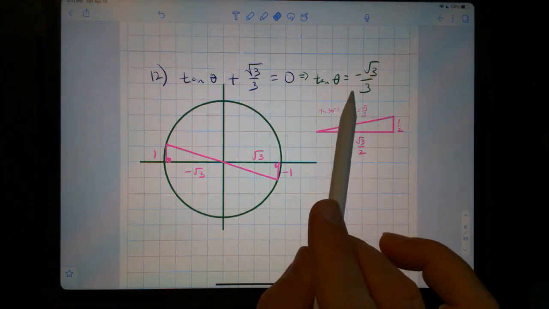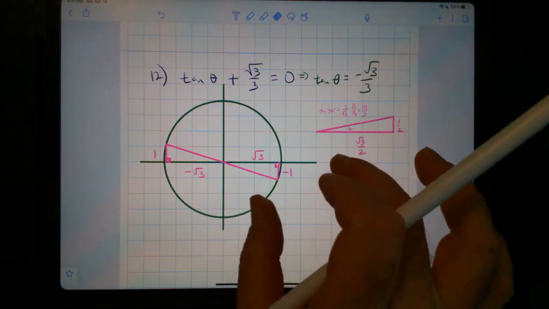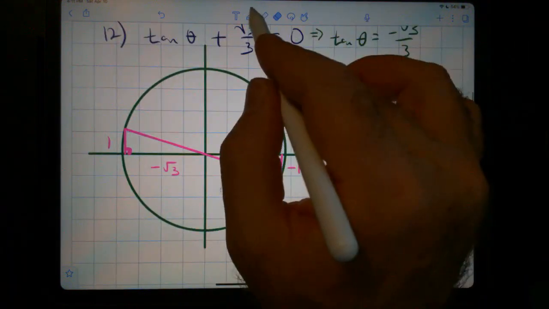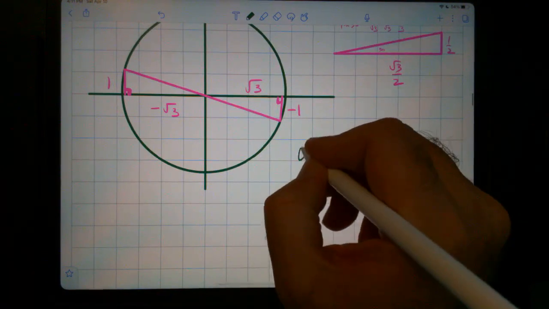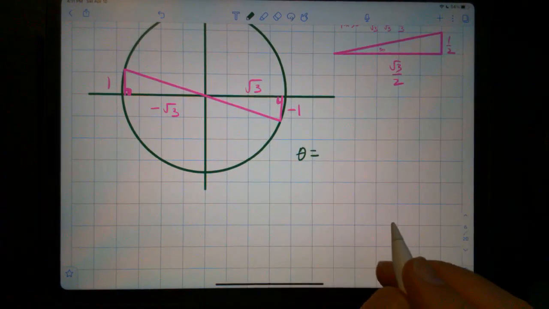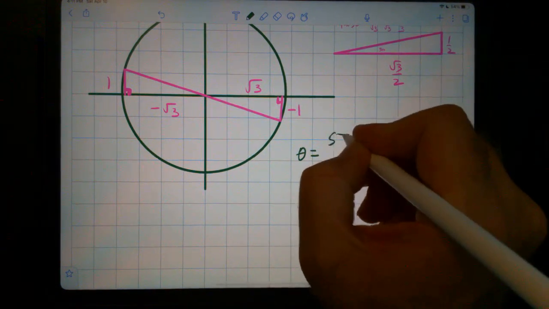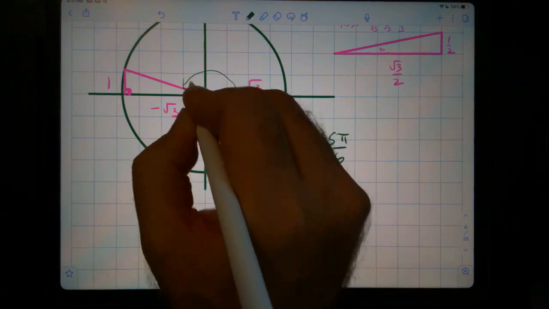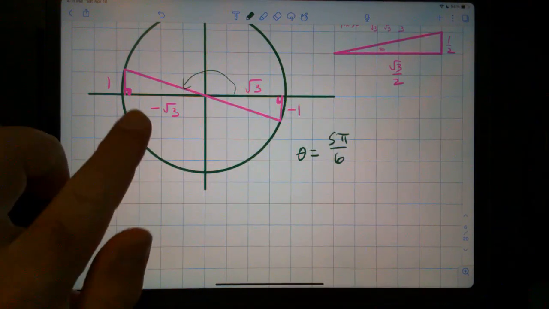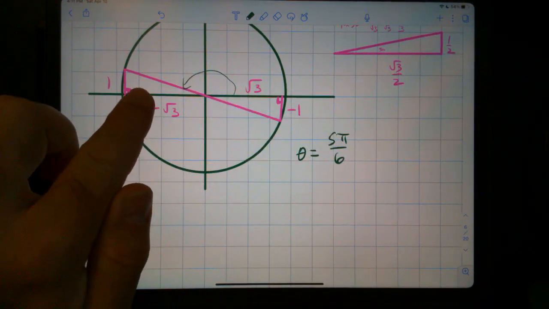Tangent repeats itself every pi. So here, theta is equal to 5 pi over 6 in this direction, because the little wedge missing is 1 pi over 6.